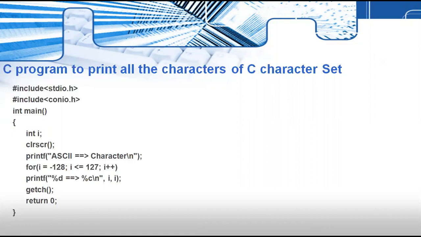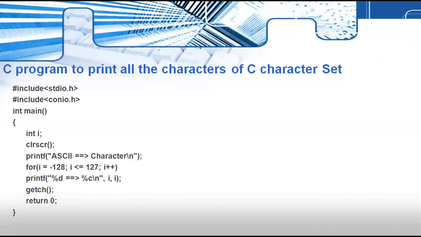Then for i equal to minus 129 to i less than or equal to 127, I am printing character by character. Here in the printf command, the percentage d format specifier is used to print the ASCII value, whereas the percentage c format specifier is used to print the character.